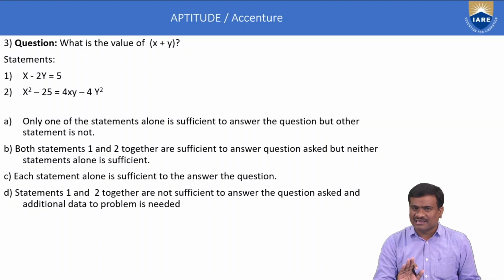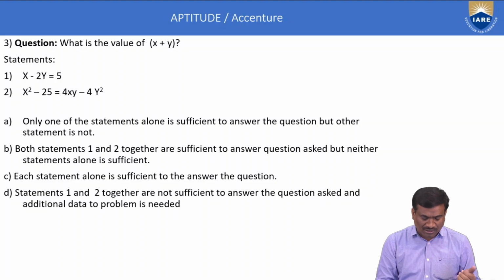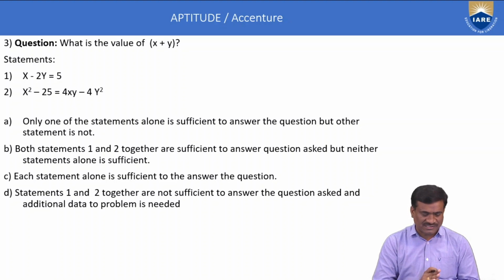Data sufficiency, yes or no? Option B, each statement alone is sufficient. Option C, both statements 1 and 2 together. Option D, neither nor, not together. Method: here we calculate only the x plus y value by using the two statements.